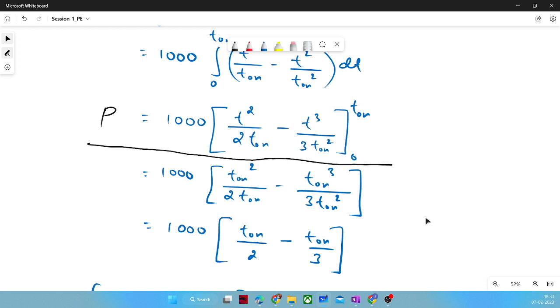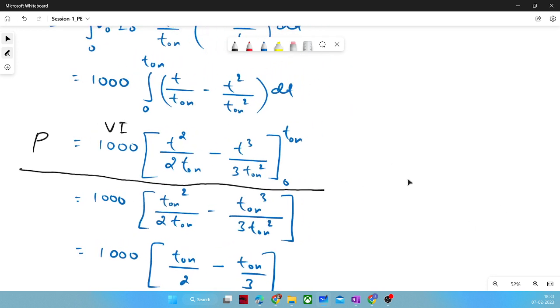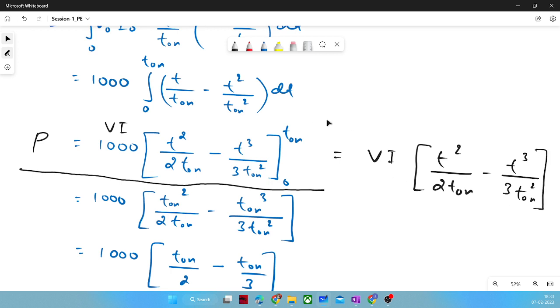So we will do the same here. 1000 was nothing but the constant multiplication of V and I, the rated values of V and I. So we can write this expression again as VI times t squared by 2 T on minus t cubed by 3 T on squared. This was the expression here, and if we differentiate it, we will get the same thing.